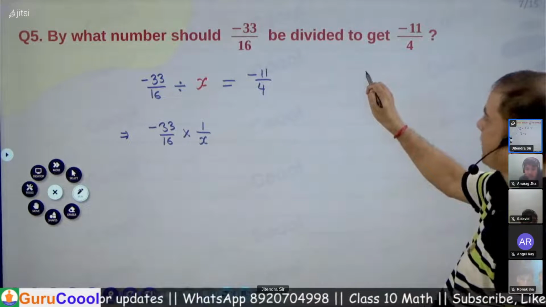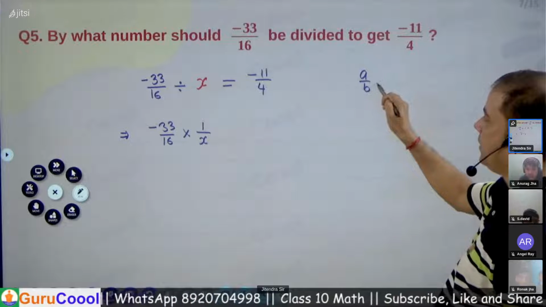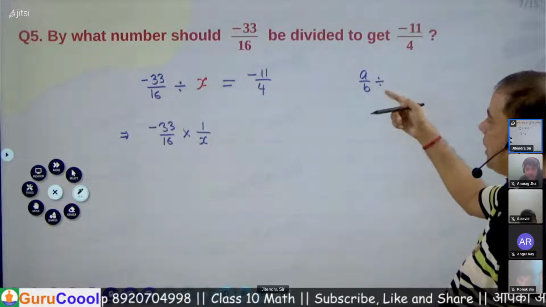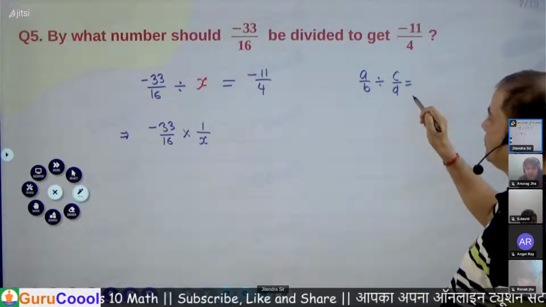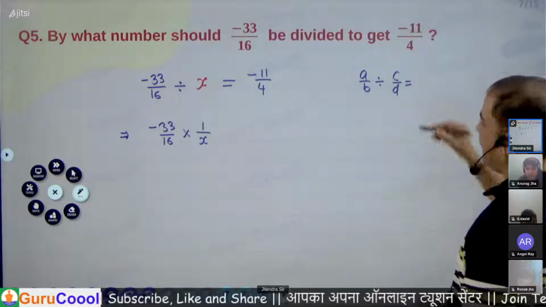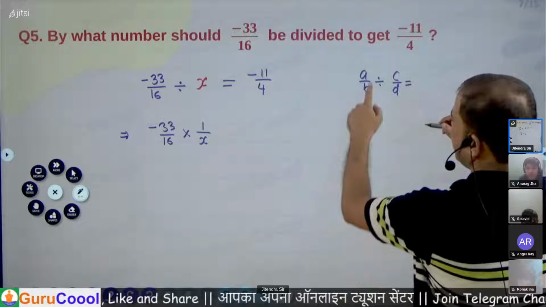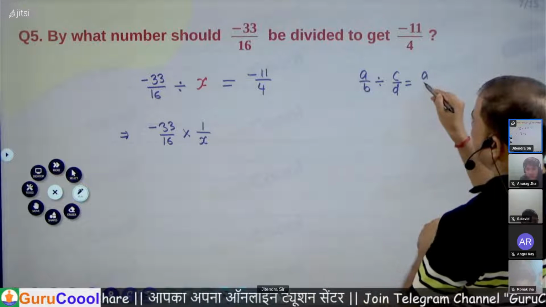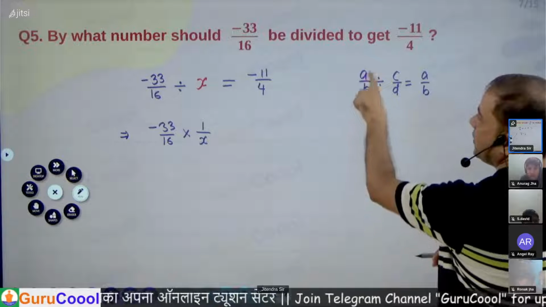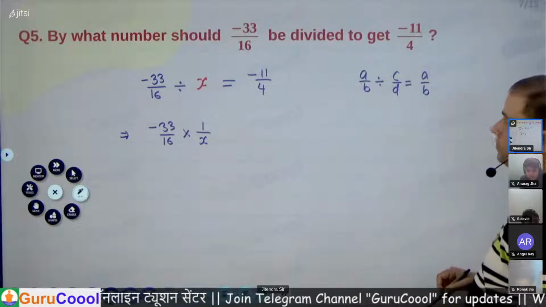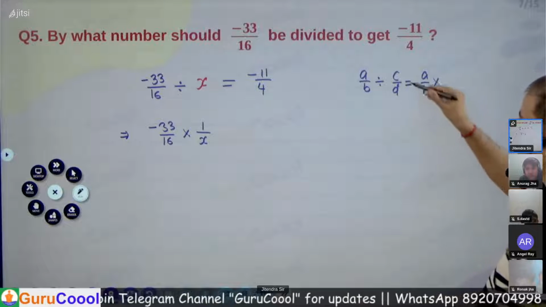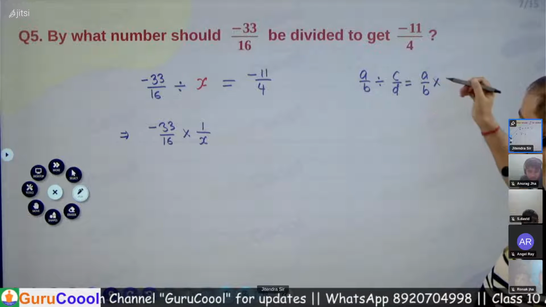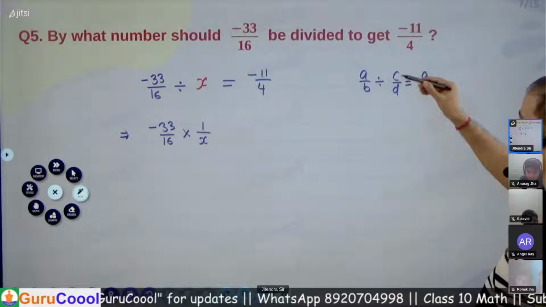Like if you have to divide a by b by another rational number c by d, what is the rule? Rule is that a by b remains, the first one remains as it is. There is no change in the first one. Divide sign changes to multiply. Second rational number becomes reciprocal, d by c.